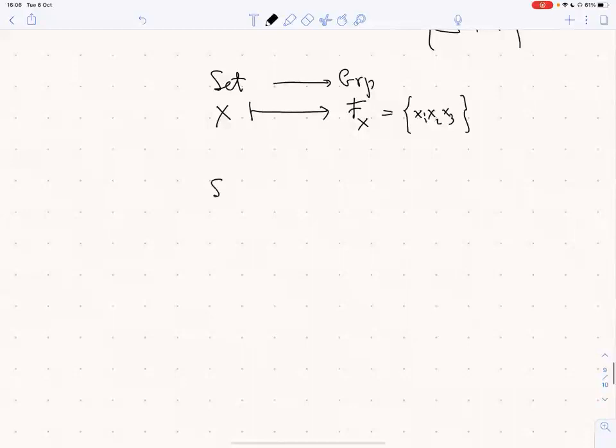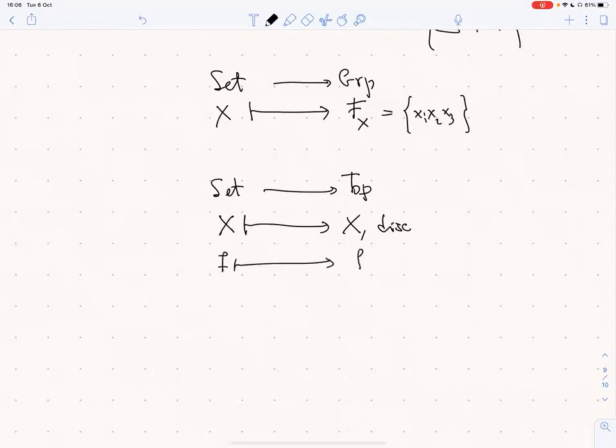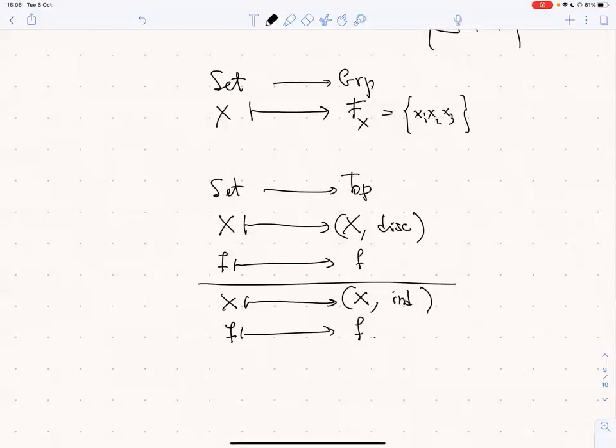Another example is from Set to Top, which equips a set with the discrete topology. And of course, then you just take the same function and you check that it is continuous with respect to the discrete topology. Or similarly, you can map X to X together with the indiscrete topology, which is really the same example, and it's very easy to check that f is continuous with respect to this choice.